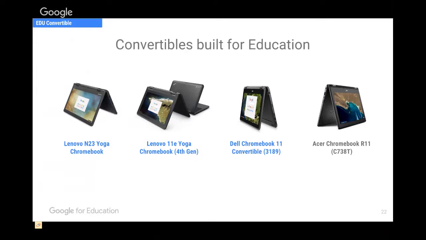This year, the OEMs have brought in more rugged versions of the convertibles, and I split these into two categories. This first one is your pretty standard convertible. Lenovo have introduced a new Chromebook in the N series, the N23 Yoga, a fantastic product based on a MediaTek processor, which is very powerful and gets good performance benchmarks.